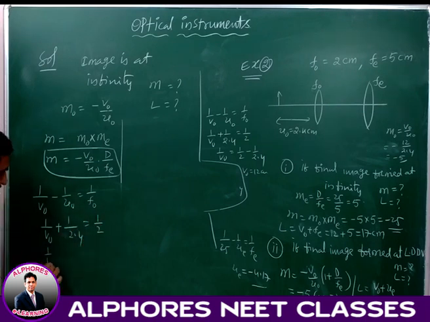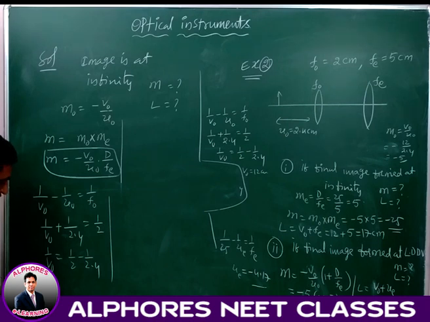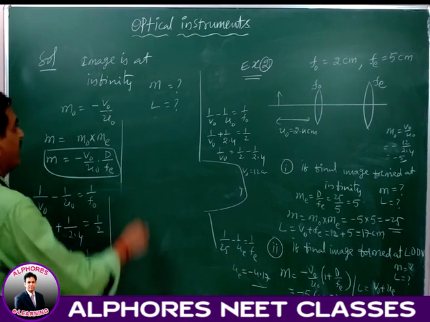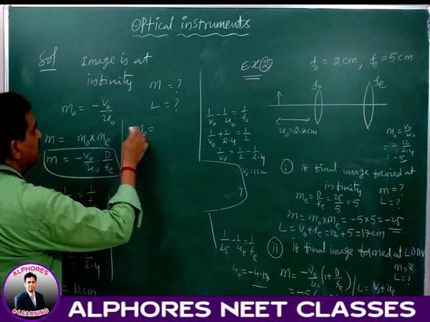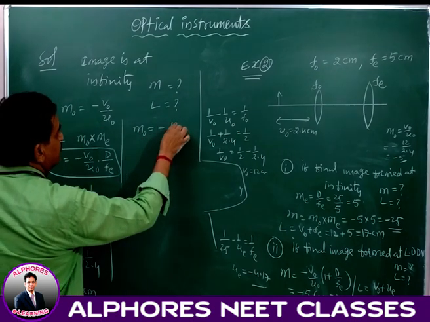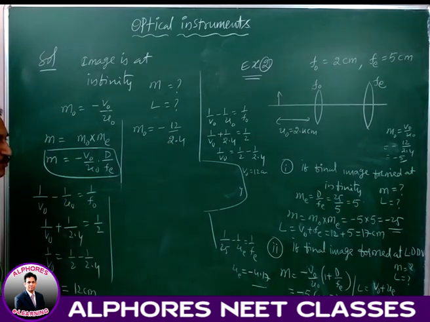Then 1 by v0 is equal to 1 by 2 minus 1 by 2.4. After simplifying this, v0 is equal to 12 centimeters. After getting this 12 centimeters, put it here, can we find m naught is equal to how much? Minus v naught 12 by u naught 2.4.